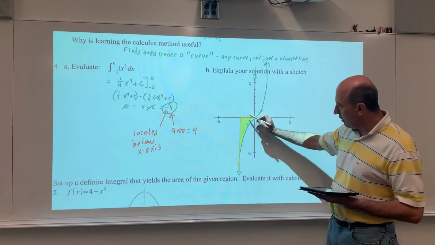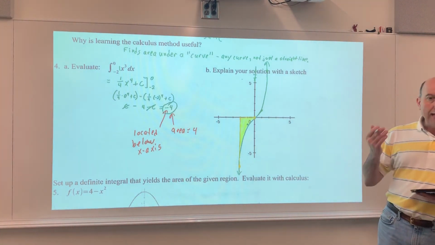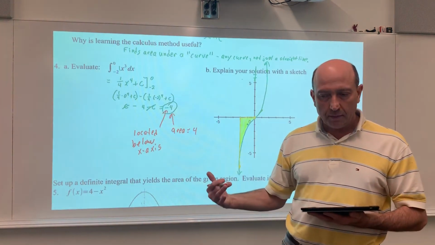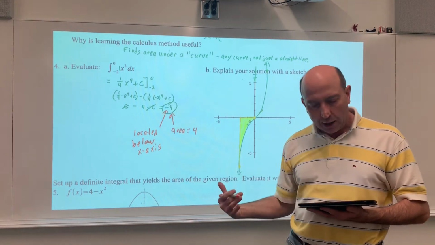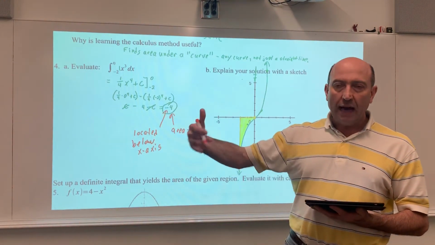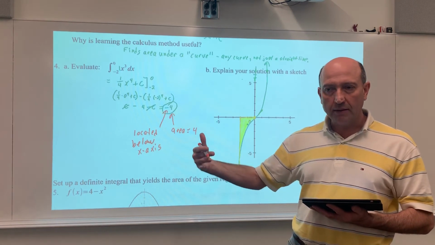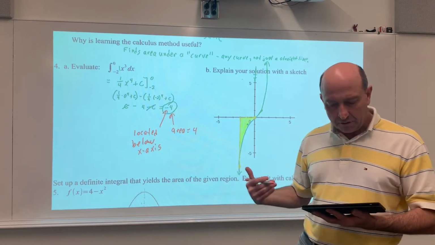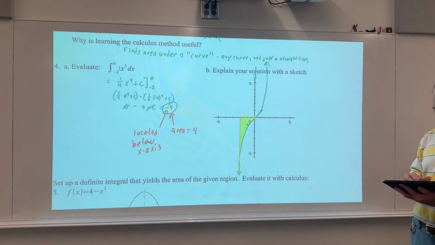The area is located below the x-axis. Like if your velocity is -20, your speed is 20, the negative is like the location or the direction. So if your velocity is -20, that doesn't mean you're going -20 miles an hour. It means you're going 20 miles an hour, but in the negative direction. The same idea is here.